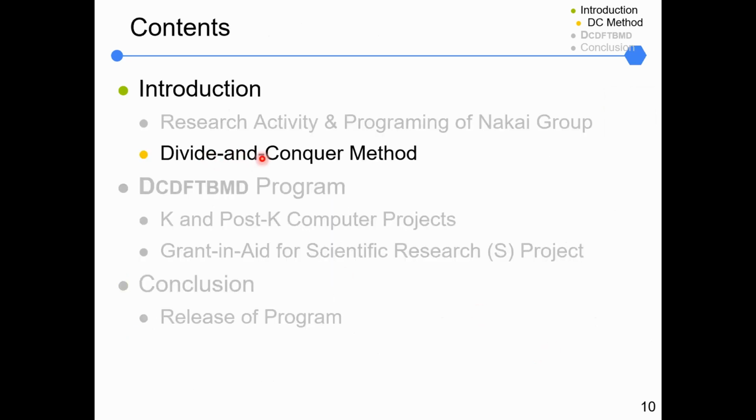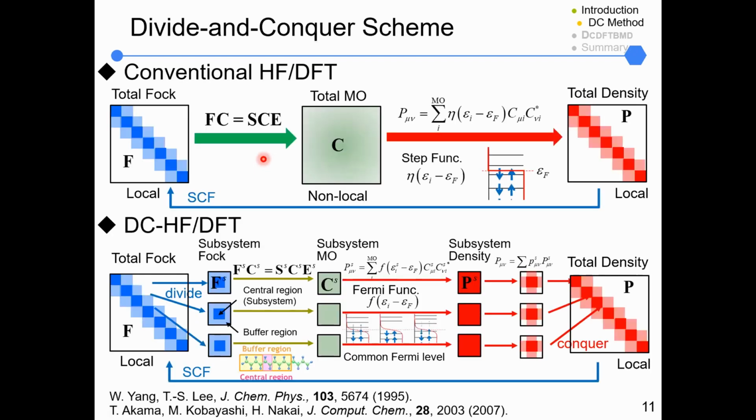Okay, so I explain the divide and conquer method briefly as a background of our study. So divide and conquer SCF is based on the locality of the AO-based Fock matrices and the density matrices. And one of the features of the DC-SCF scheme is to involve the buffer region to keep the accuracy.